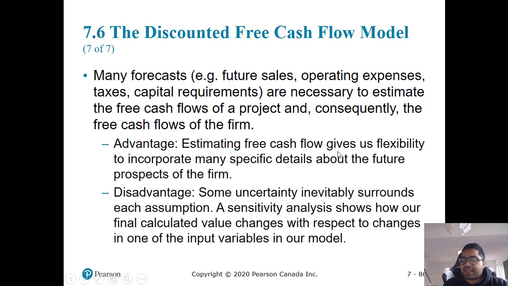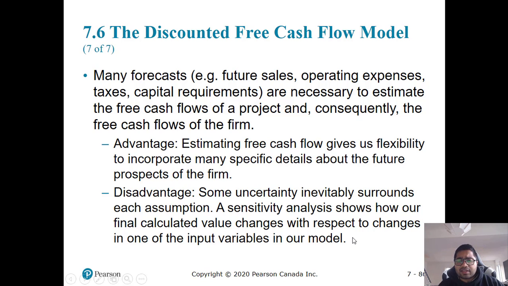The advantage is that estimating free cash flows gives us flexibility to incorporate any specific details about future prospects. The disadvantage is that some uncertainty surrounds each assumption. A sensitivity analysis shows how the firm's calculated value changes with respect to changes in inputs.